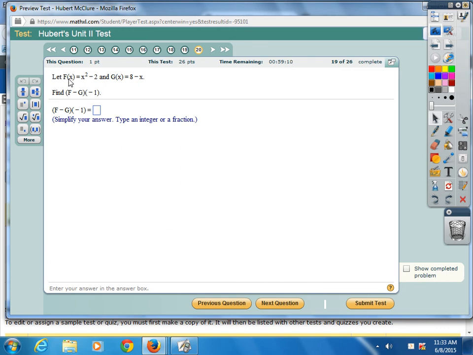Next question. This one says f of x is blah blah blah and g of x is equal to blah blah blah. F minus g of negative 1. So plug in negative 1 and then do what with the two functions? Minus. Plug and chug first and then subtract.